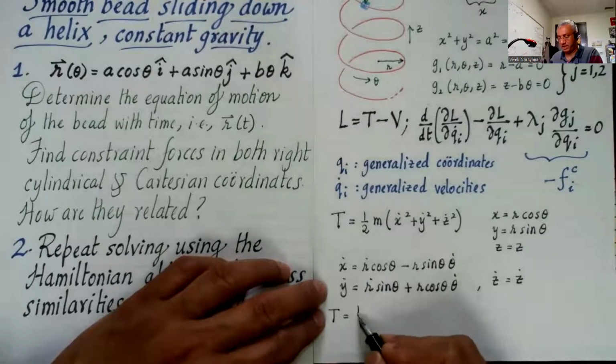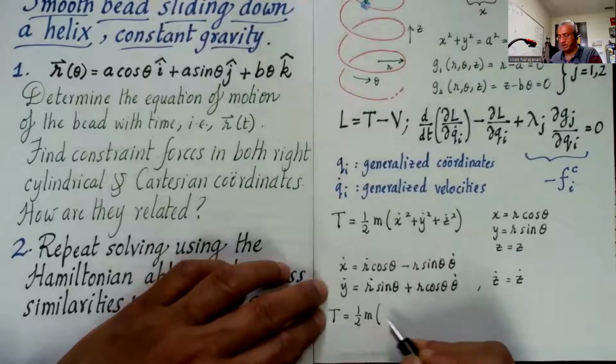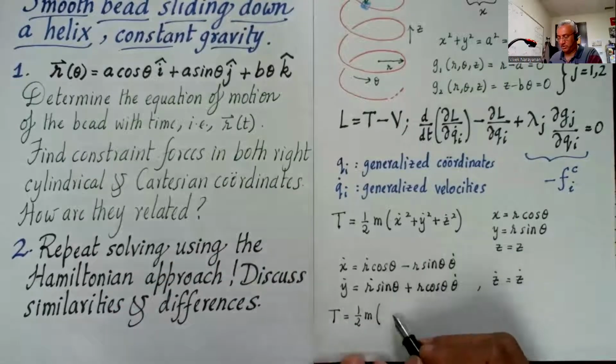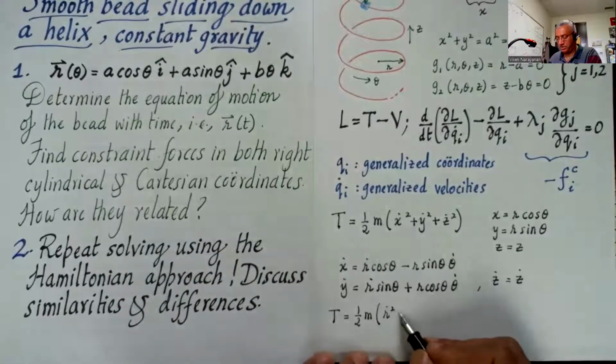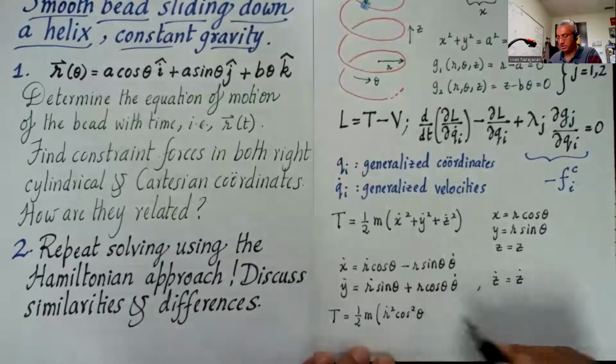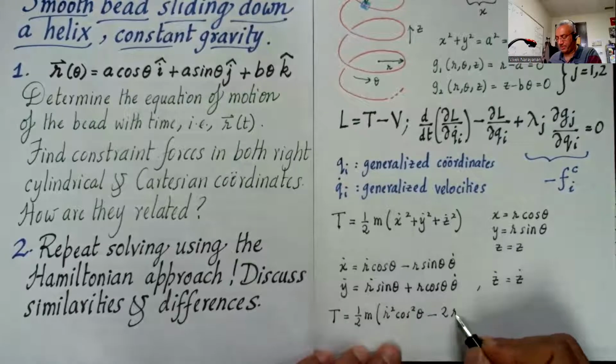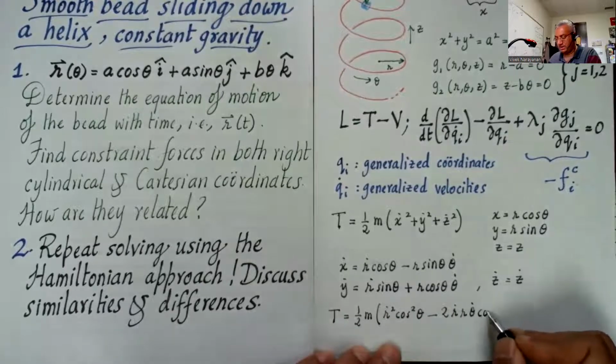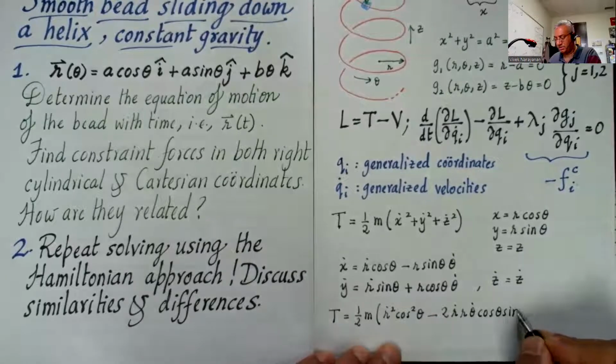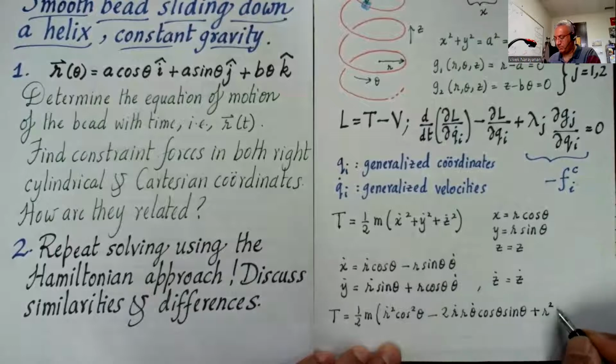T will be equal to 1/2 m. Square all this. So I get r dot squared cosine squared theta minus 2 r dot r theta dot cosine theta sine theta plus r squared sine squared theta theta dot squared.